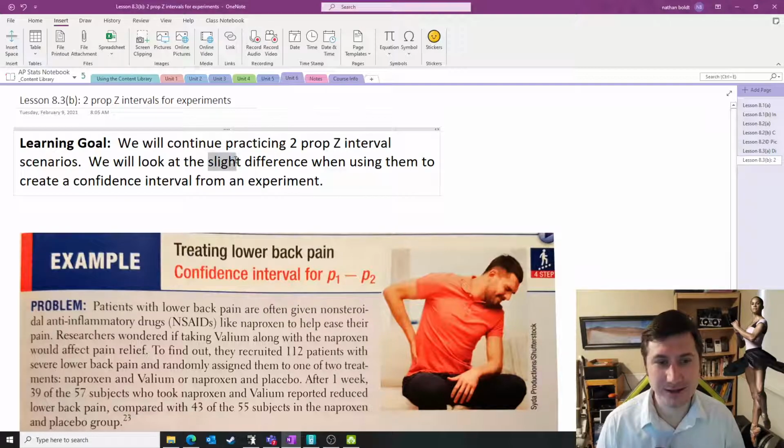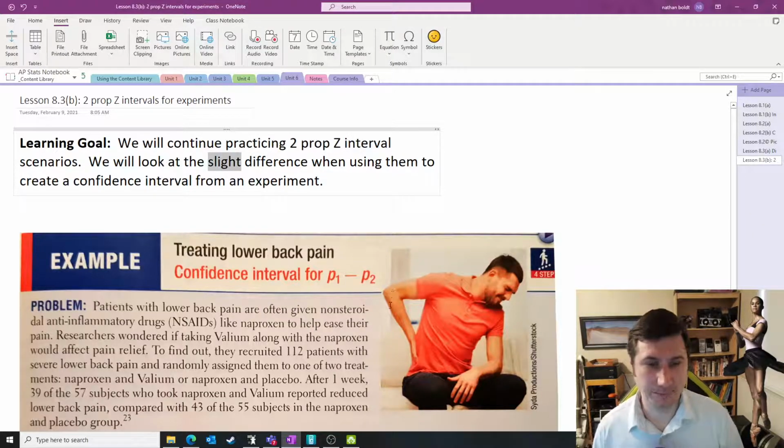They're not that bad. There's actually, I think, just a few things you don't have to do and a few wordings that are important. Mostly this will just give us more practice at doing a two-sample z-interval for P1 minus P2. So let's take a look at how to do this.